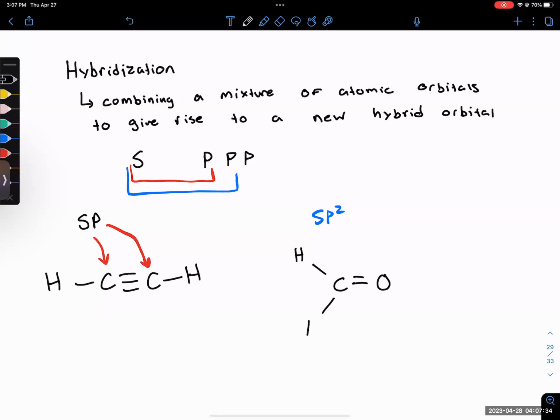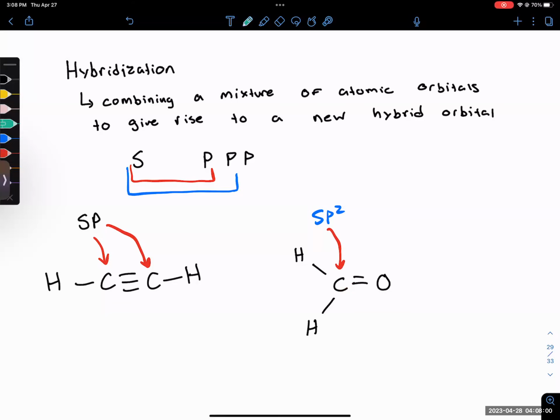So we have here formaldehyde. We count our electron regions: 1, 2, 3, s, p, p. So s and 2 p's give sp2 hybridized. That tells us that that carbon atom, and we're talking about the atom specifically, not the overall molecule, is sp2 hybridized.